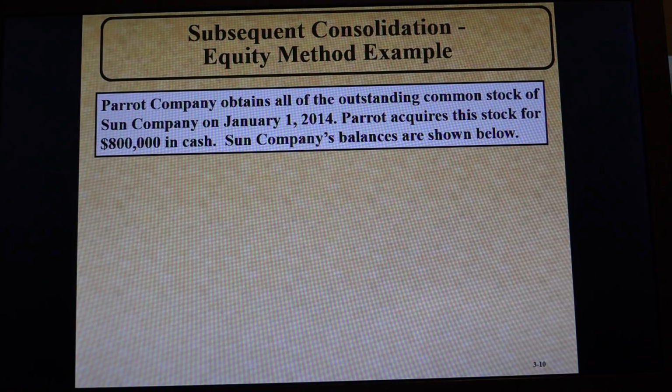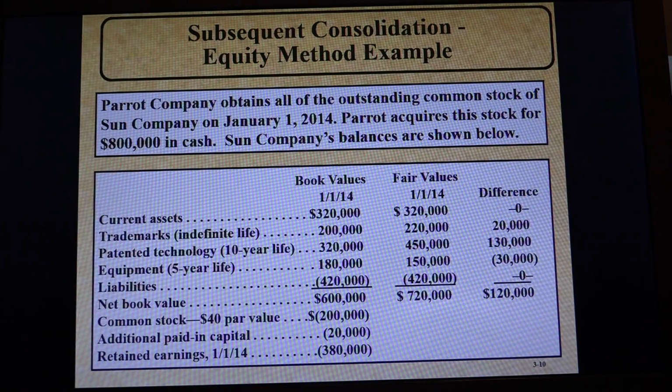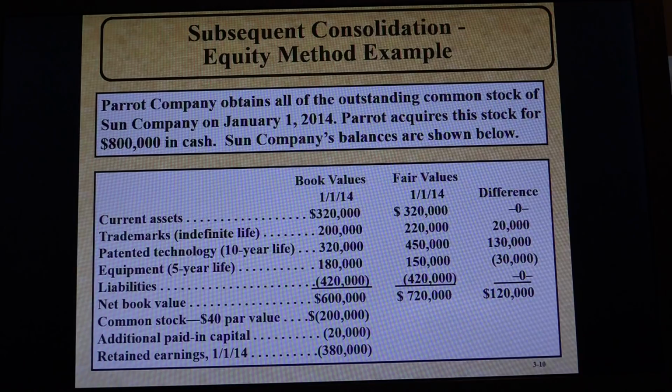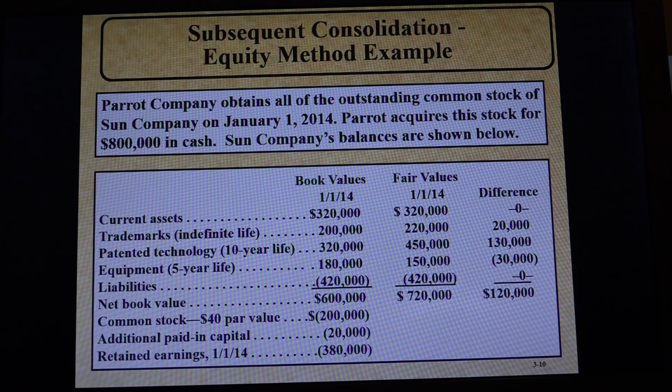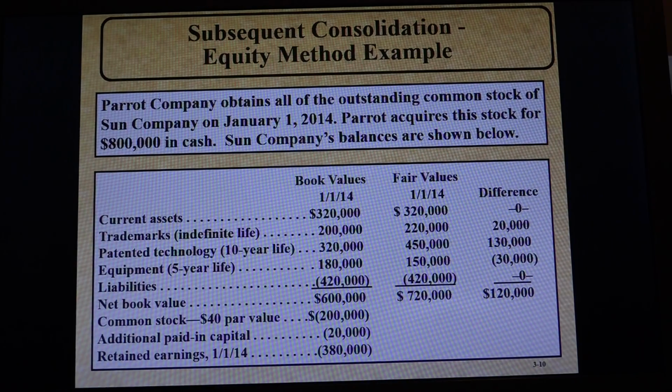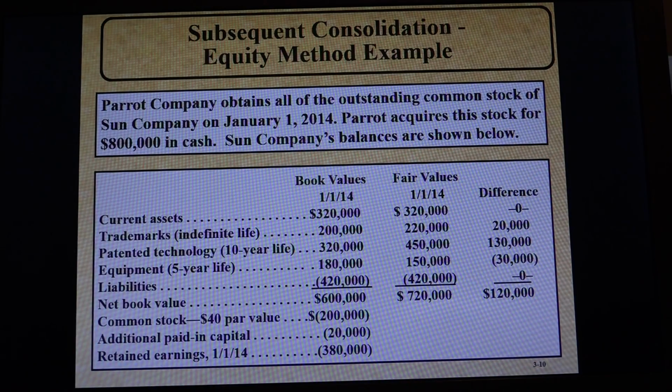And so Parent and Sun, the balances are shown. The book value of the assets acquired and liabilities assumed, the net book value, is $600,000. The fair value of those assets acquired and liabilities assumed is $720,000.